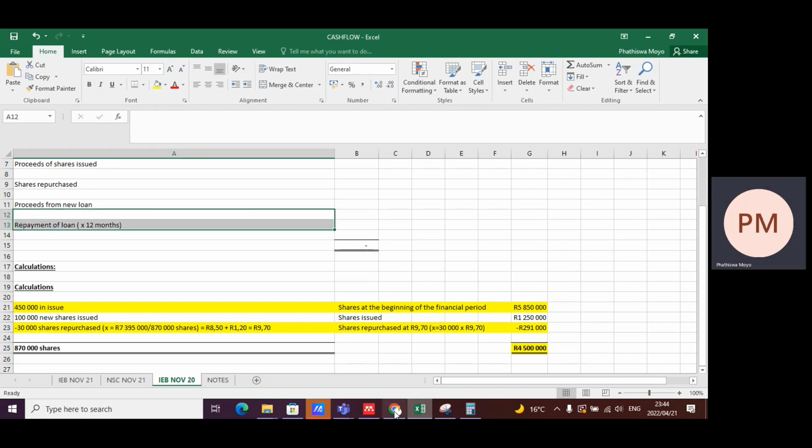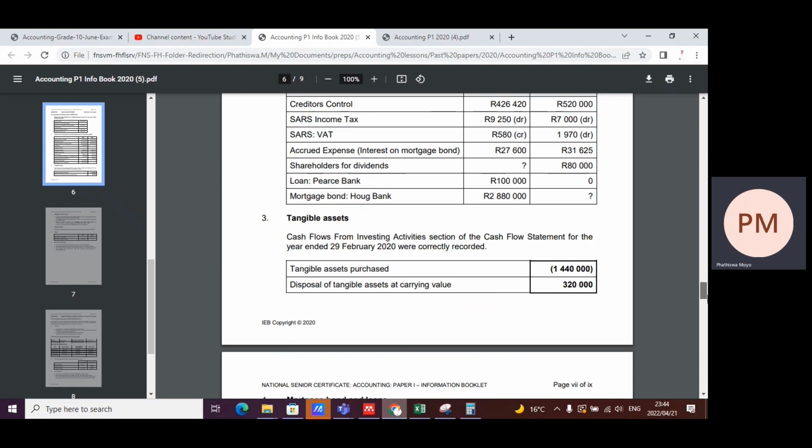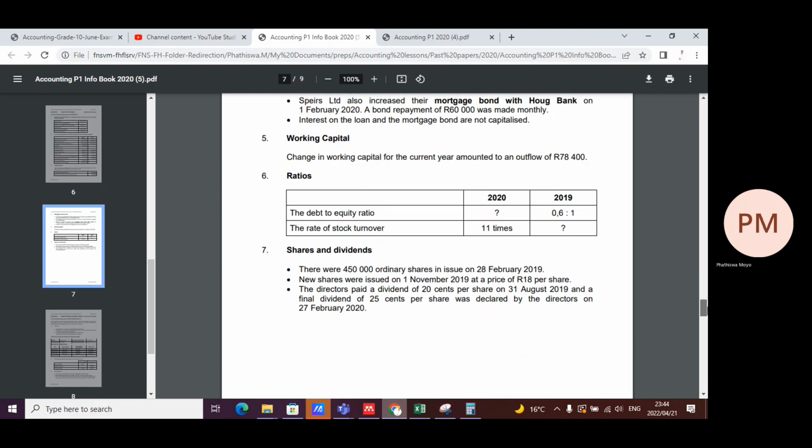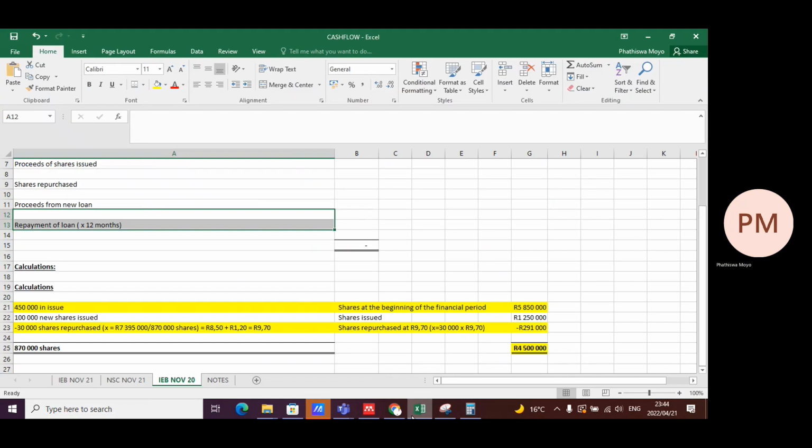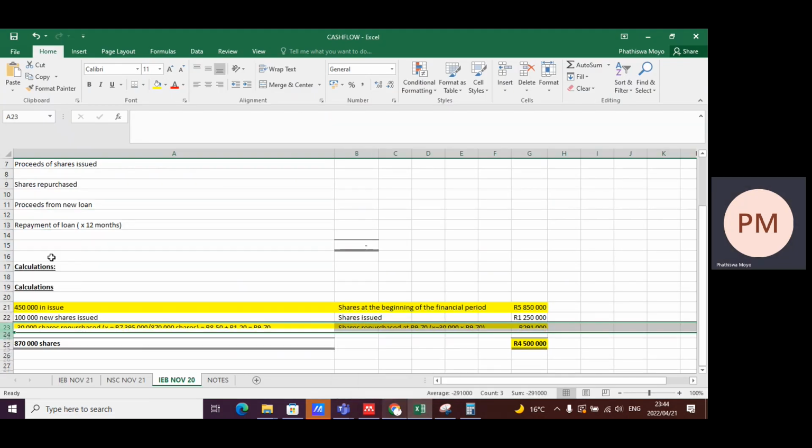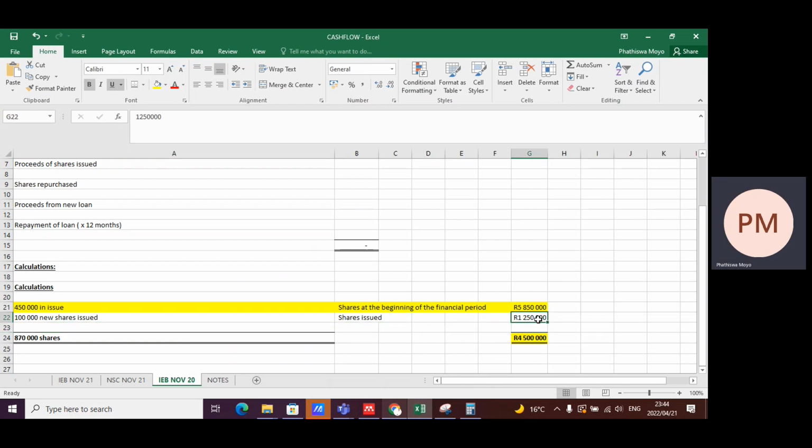They just told us that there were new shares issued at 18 rand. So there was no share repurchase. We can delete that.